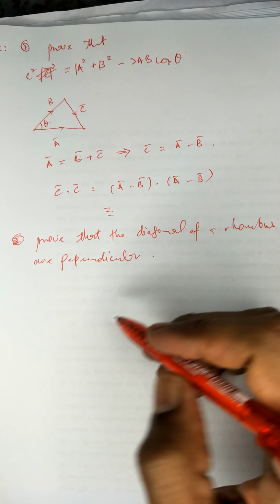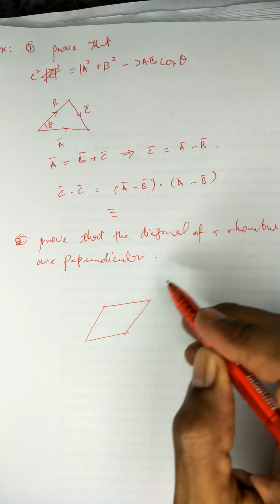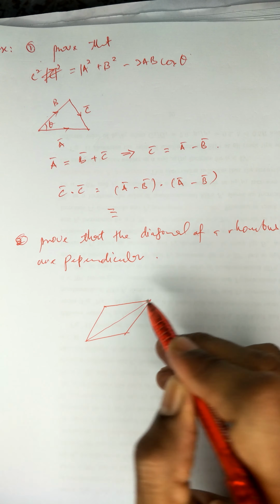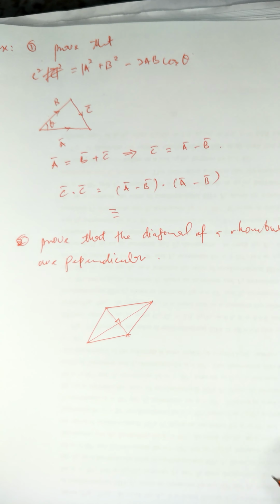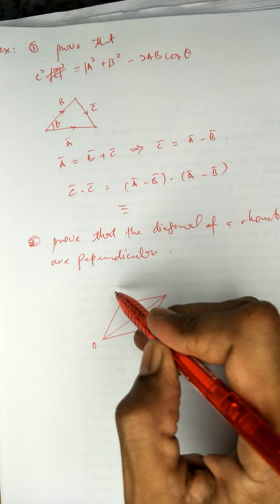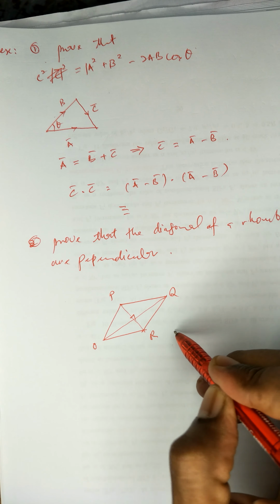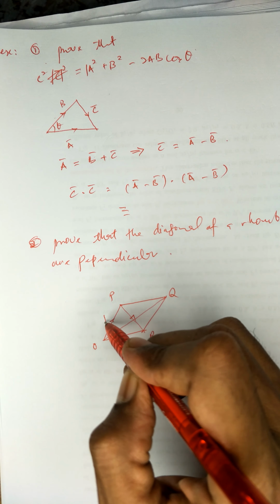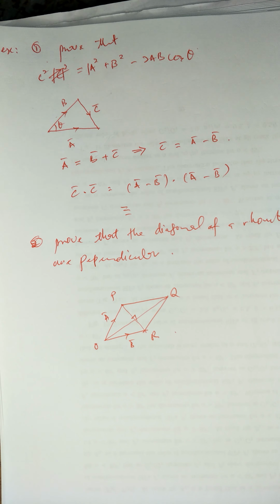So a rhombus is like a kite. This is a rhombus. If you connect the two diagonals, they are perpendicular. You may consider the points O, P, Q, R, with this vector A, this vector B, and then you proceed with the rest.